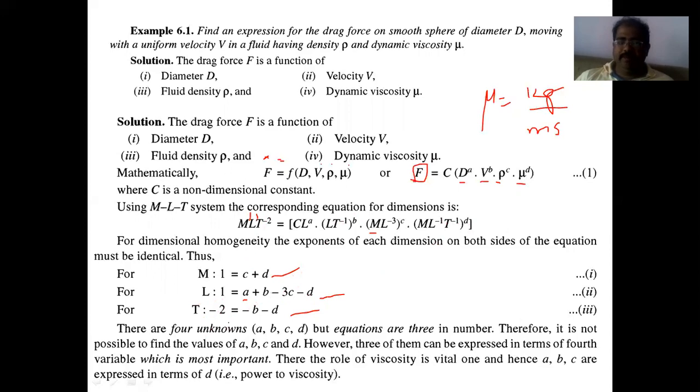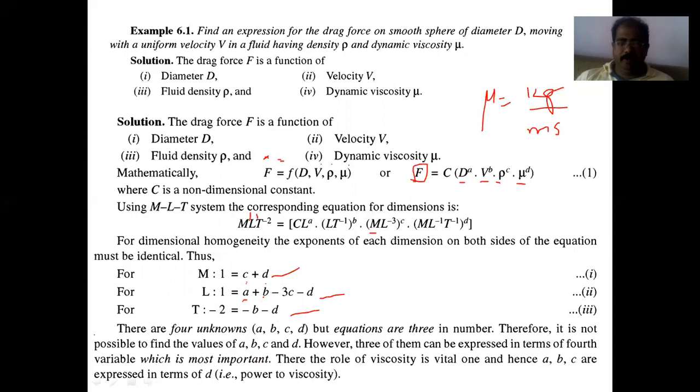So it will be observed that a, b, c, and d are four quantities of four different units. That means this system is unfit. At that time you have to convert the three basic units into the fourth one.